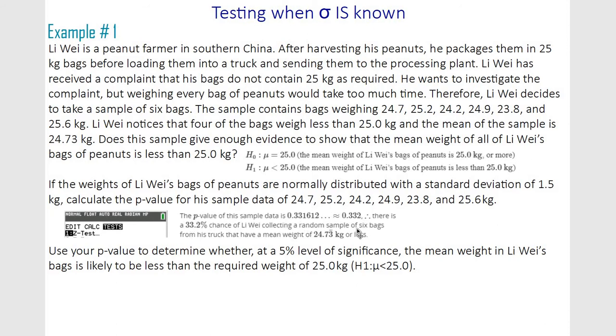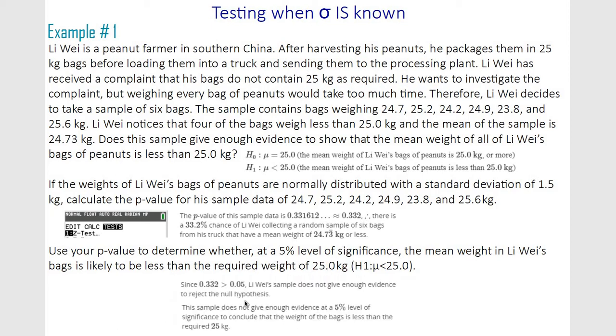So that's a 33.2% chance. There's a 33% chance of collecting a random sample with a mean weight of that or less. So what does that mean?